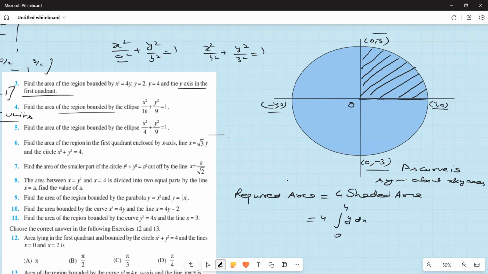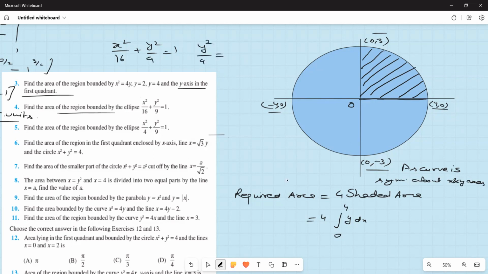Now, what will be y from here? That is x square by 16 plus... Let us find out. The simplest way is, this is 16, this is 9, and I need to find y square.